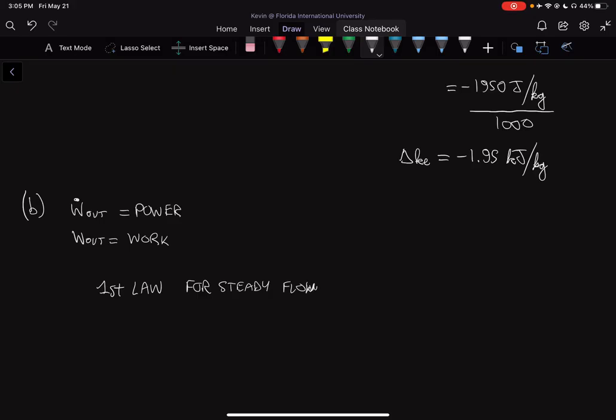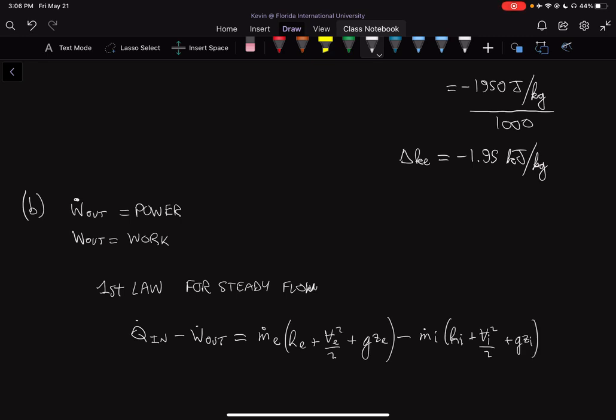So our first law for steady flow says that Q dot in minus W dot out is equal to m dot E, let's leave it as m dot E so that we don't get confused, times hE plus VE squared over 2 plus gZE, minus m dot I times hI plus VI squared over 2 plus gZI, and that's our equation.